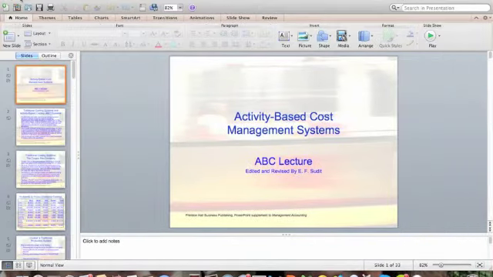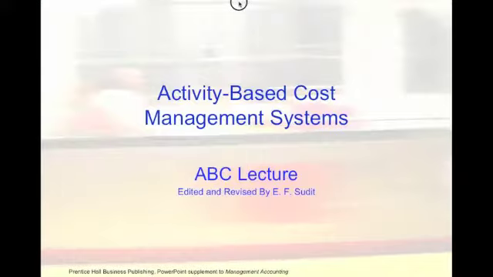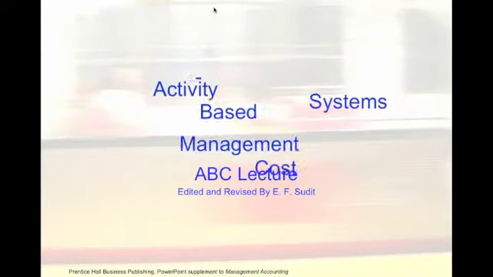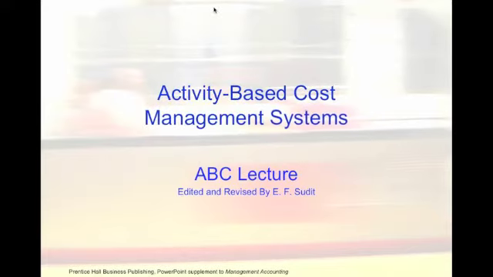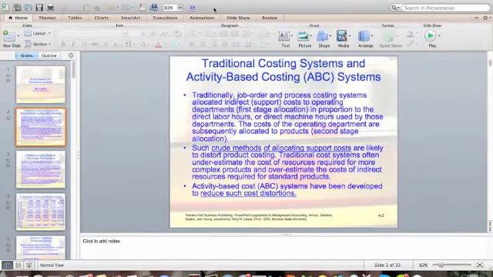So starting with activity-based costing here. What we have in activity-based costing is a system that measures the overhead cost of a manufacturing product.